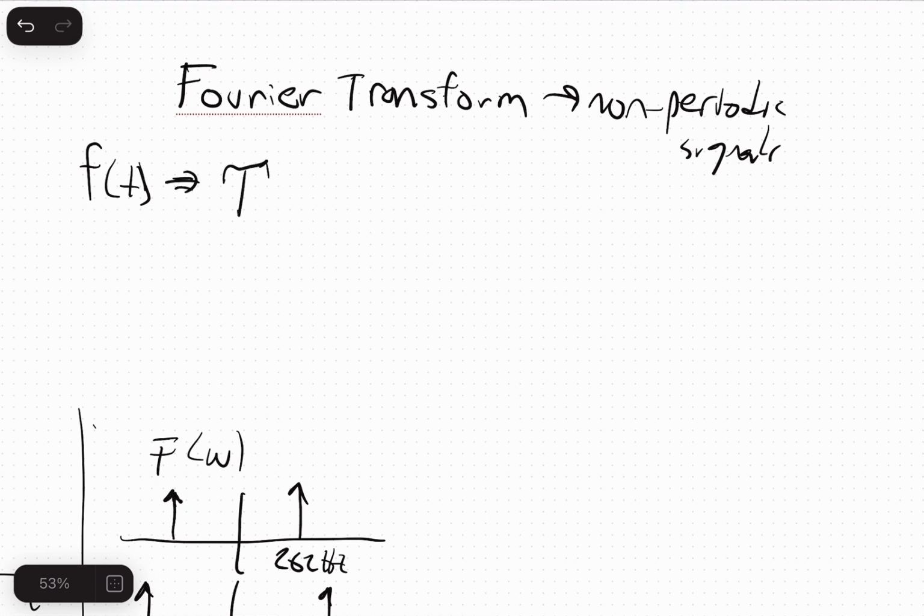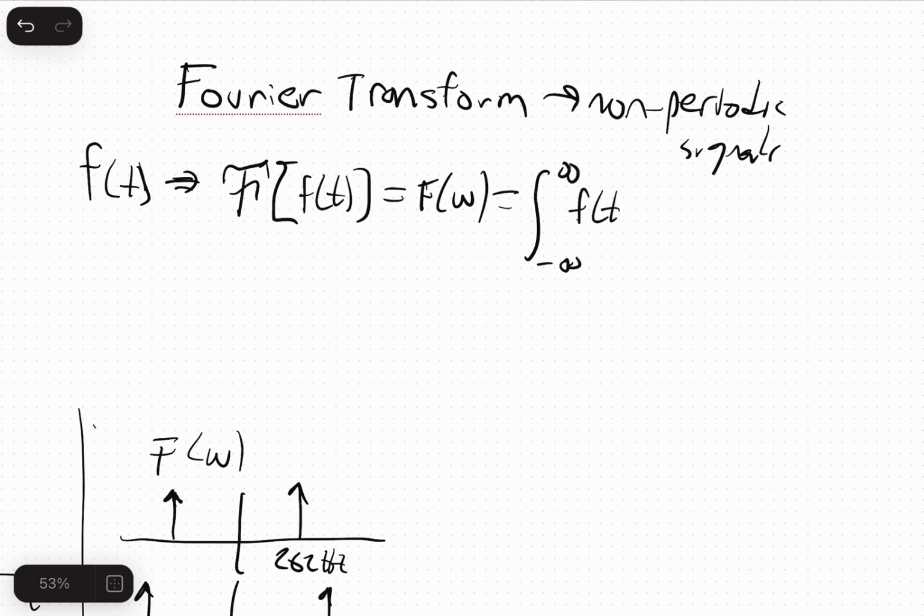So we use the Fourier operator, which is just the cursive F. I'm pretty bad at doing the cursive F, but maybe you can do better than I. You apply such transformation on the time signal, and then this will generate the function of omega, which is none other than an integral that spans from negative infinity to positive infinity of the time signal multiplied by a mapping element, which is just e to the negative j omega naught t, as a differential of t.